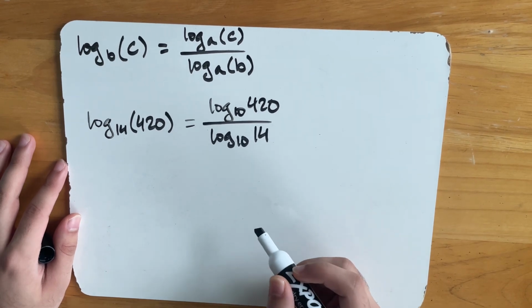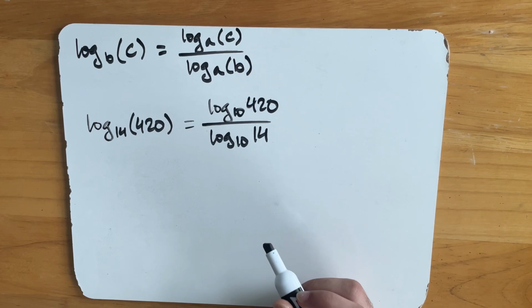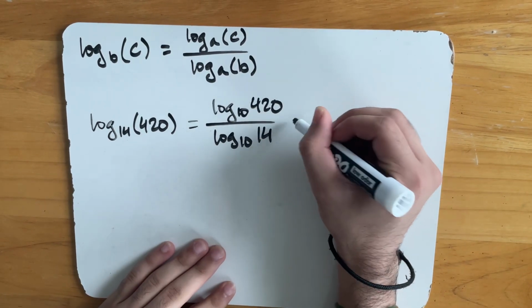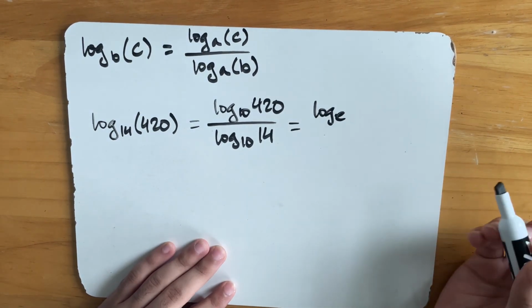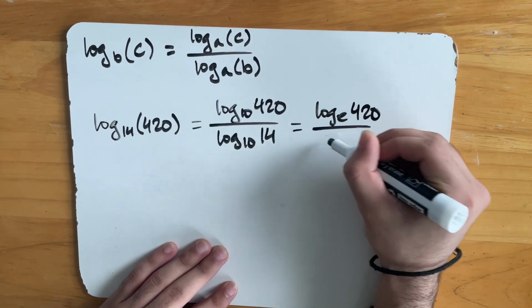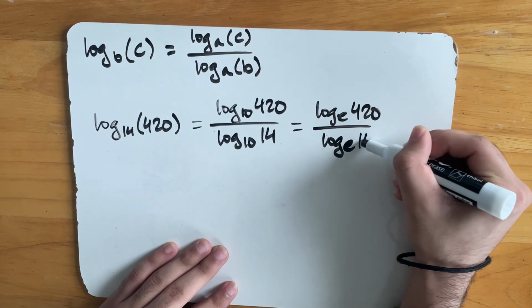Now suppose our calculator is extra bad and only has a natural log button, because the person who designed the calculator hates chemists. So we can rewrite it as log base e of 420 divided by log base e of 14.